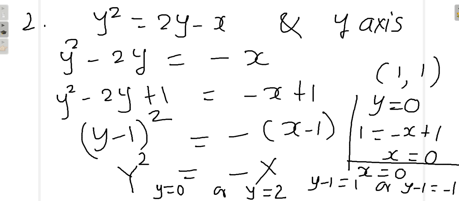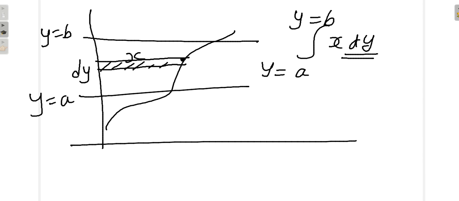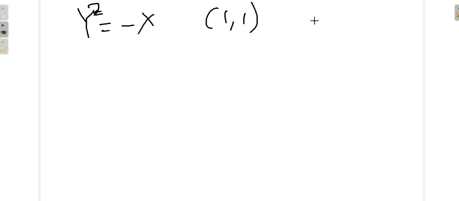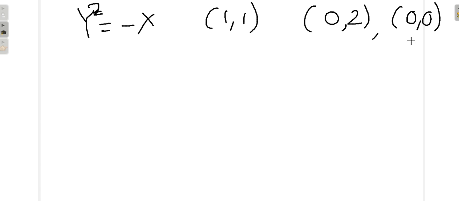With this information, we can now draw the curve. So what is the information we have? We have the curve whose nature is y square equal to minus x, whose vertex is 1 comma 1, and it passes through the points 0 comma 2 and 0 comma 0.